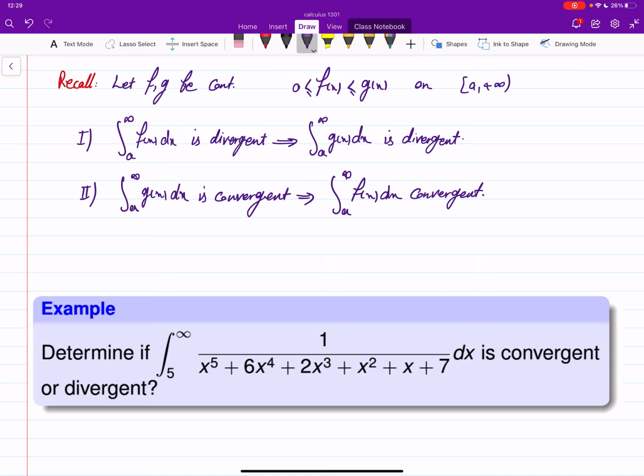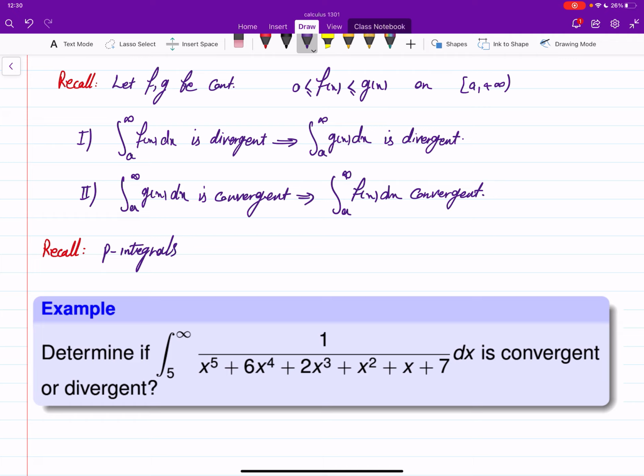Well, most of the time we are going to be given one function and the other function we have to find depending on our original function. One of the important families that we can always try to compare, and in these examples we will use only that family, is called p integrals.